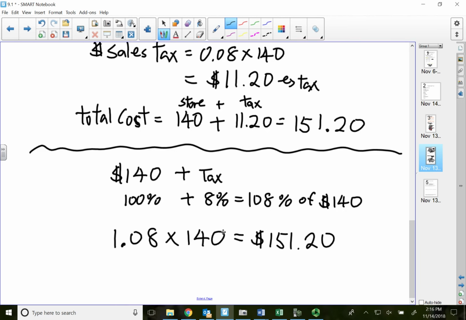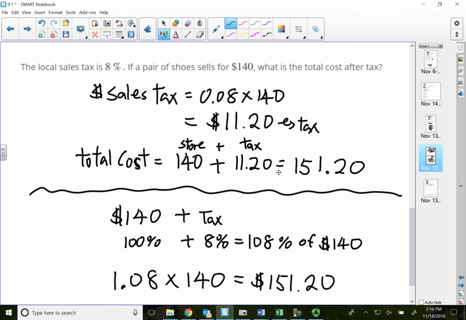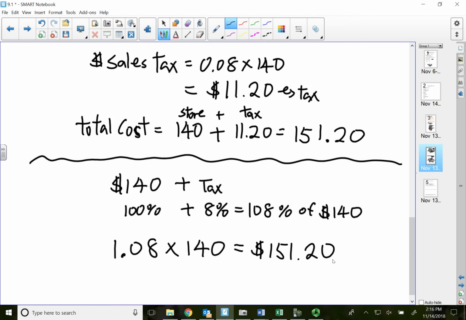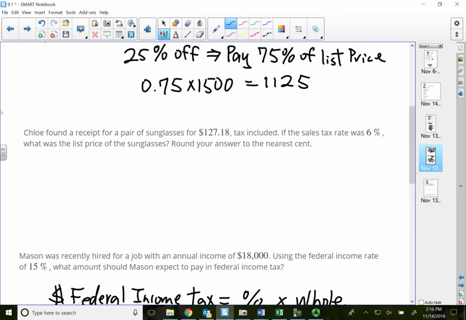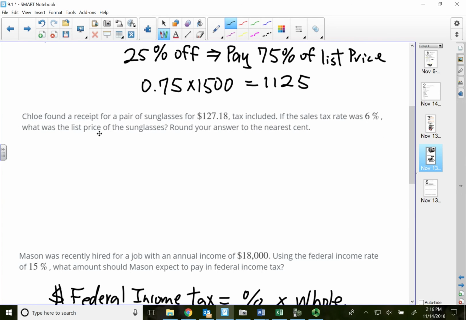So it seems easier because it's easier for us to add in the percent and multiply by 140 versus adding the money part. Still the same thing though. Just think about it slightly differently. And the reason I'm explaining this particular problem two different ways is that now we can come to this problem with Chloe, and we can actually understand what's going on.